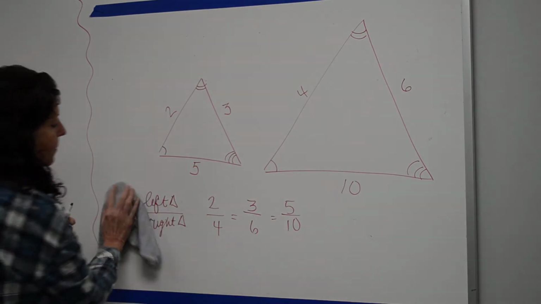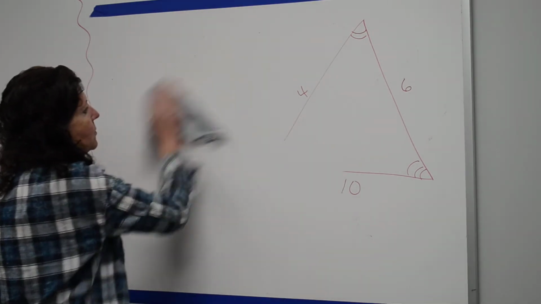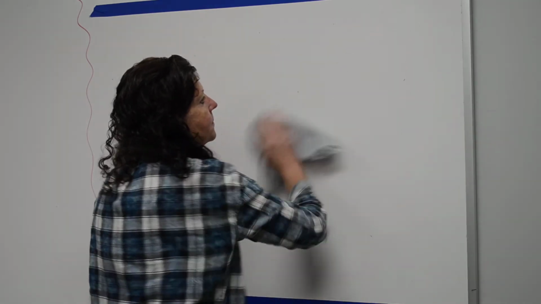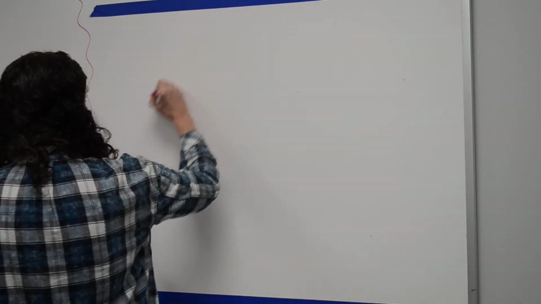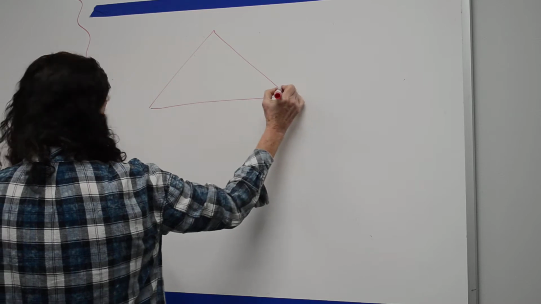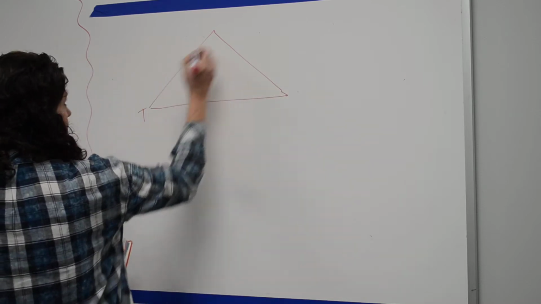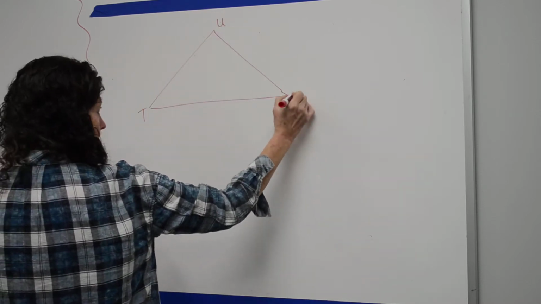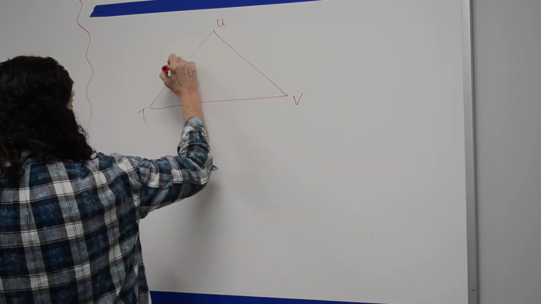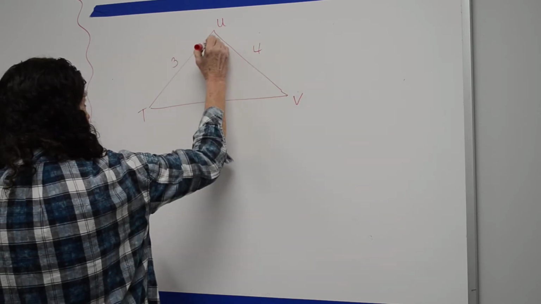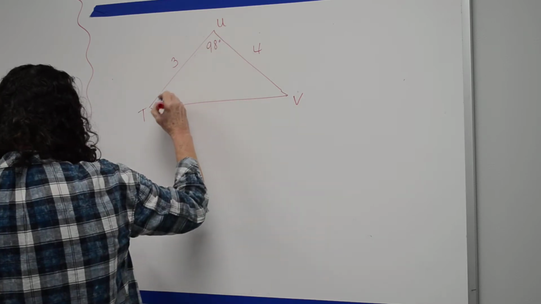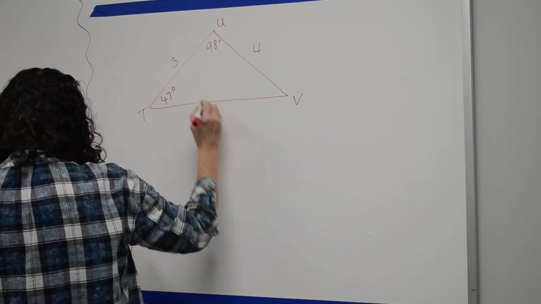We're going to do an example of a problem that you might have to do using this. And this example comes straight out of your book. It's example number 2. And you have two triangles. And they tell you some of the measurements on those triangles.